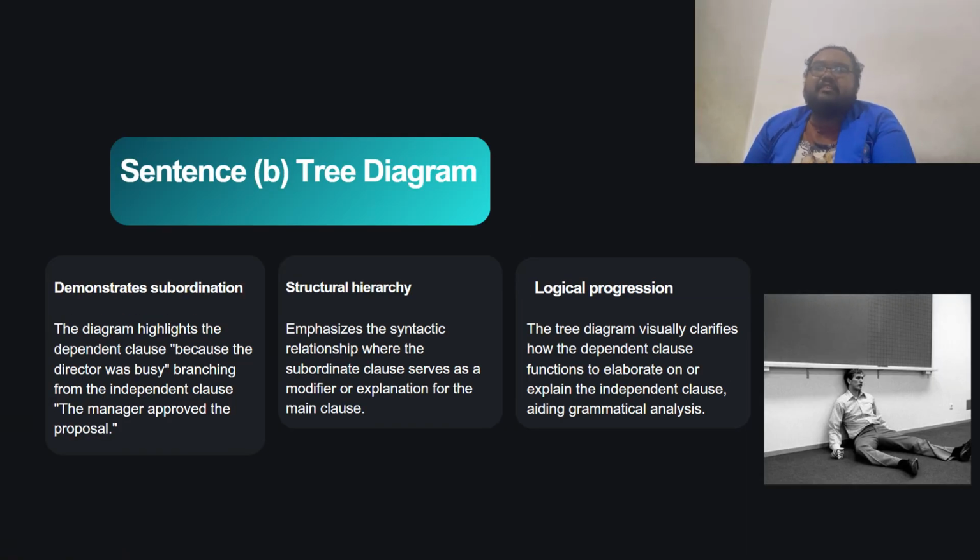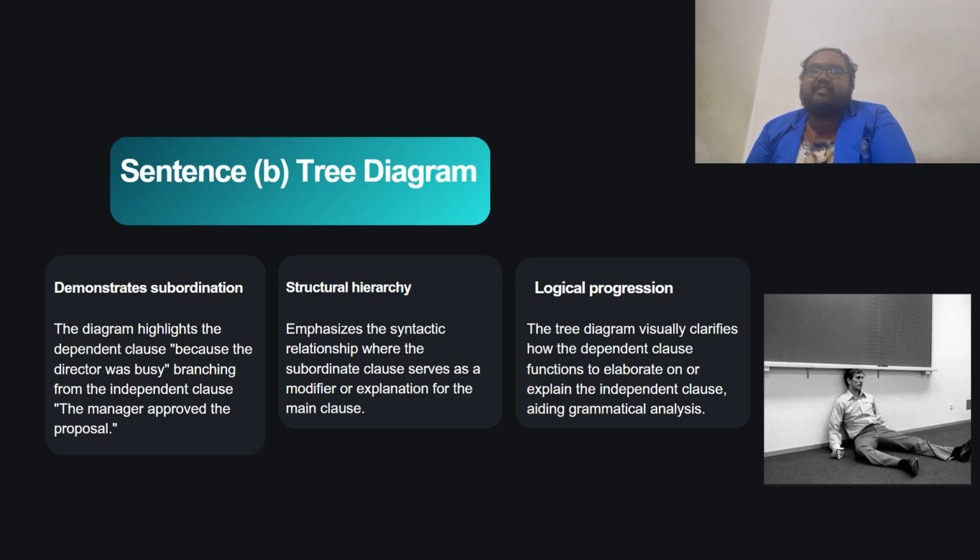Sentence B. The diagram demonstrates subordination. The diagram highlights the dependent clause "because the director was busy," branching from the independent clause "the manager approved the proposal."